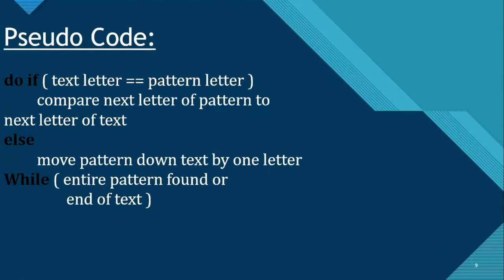Else, move the pattern down the text by one letter. If the pattern letter is matched with the text letter, then we will compare the next letter of the pattern to the next character of the text. And if it is not matched, then we will move the pattern right to the next character.